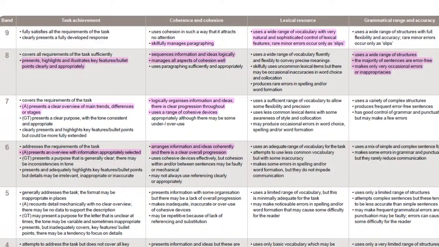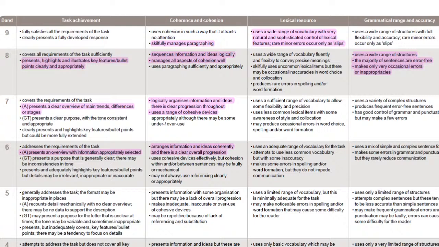But what's different? For example, if you look at task achievement, we have here: presents, highlights, and illustrates key features, bullet points clearly and appropriately. Also presents a clear overview of main trends, differences, or stages, and presents an overview with information appropriately selected.